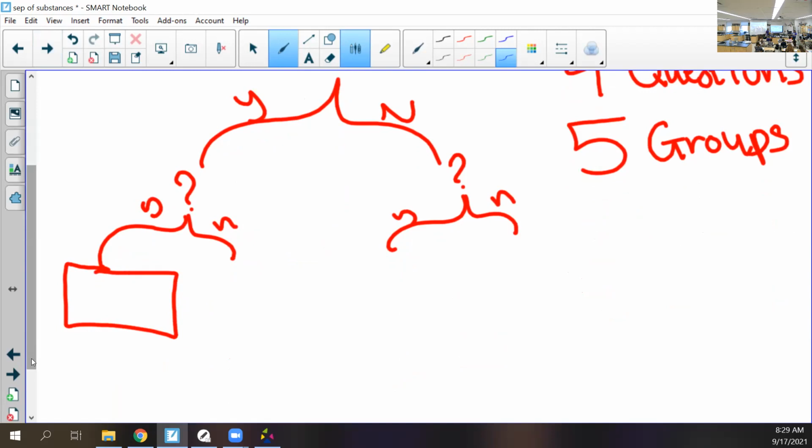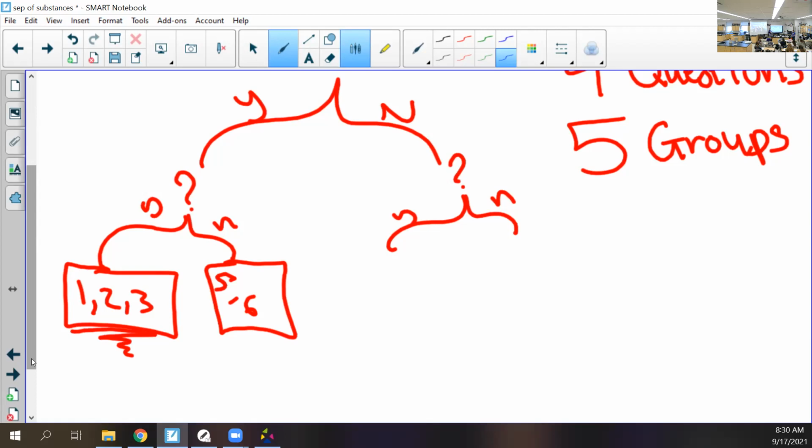So here, you'd have like 1, 2, and 3. They're all the clear liquids. And then over here, it'd be a liquid, but not clear, and we'd say like 5 and 6. You only put the numbers if you're not going to ask another question. Every other box is a question.